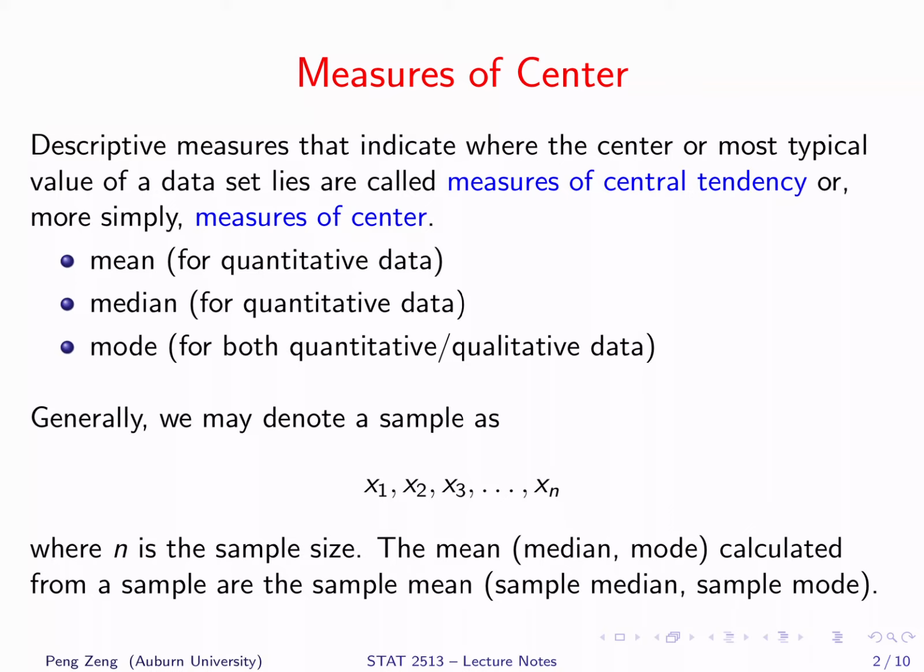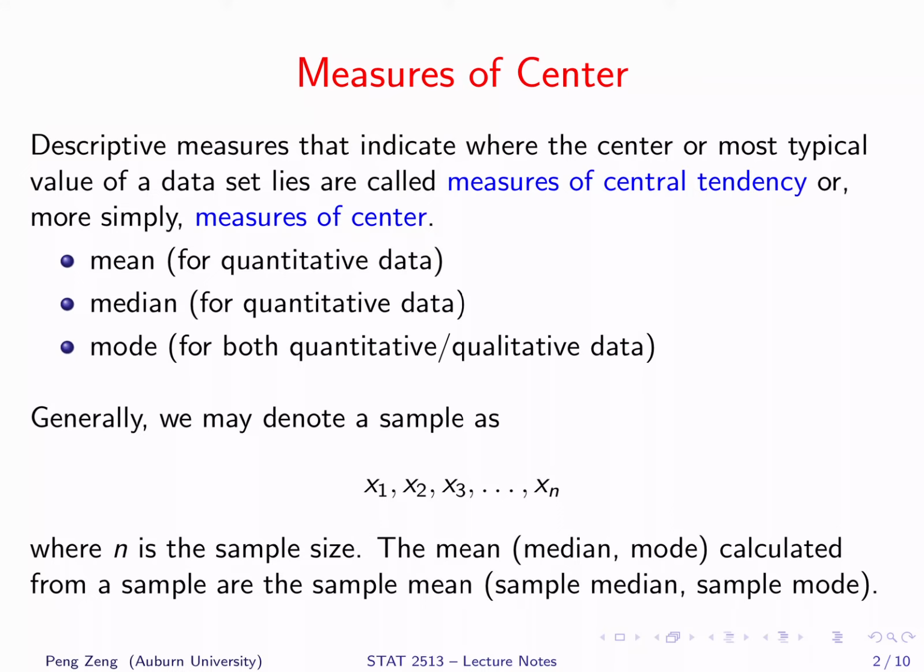Before we move on, I want to introduce some notations. When presenting a formula, we usually assume that the data are x1, x2, x3, and up to xn. We use letters with subscripts to indicate numbers in a dataset, where x1 means the first number, x2 means the second number, and so on. xn is the last number.